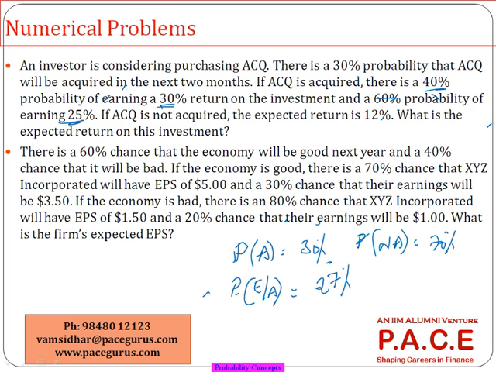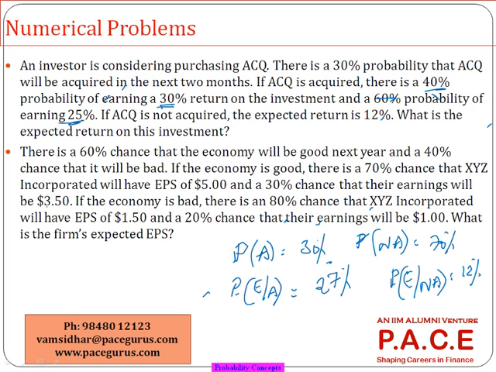And what is it saying? If it is not acquired, the expected return is 12%. So probability of the earning given not acquired is 12%. What is the expected return on this investment?